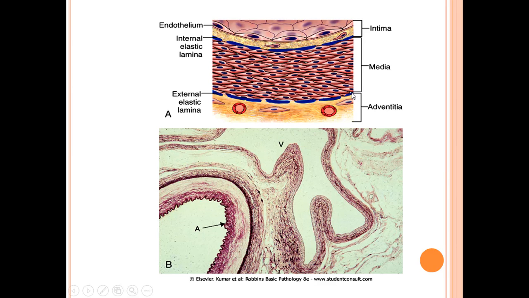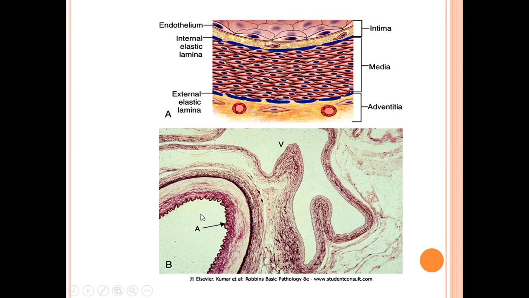It is bordered from outside by the external elastic lamina, and then we have the adventitia, where we have connective tissue, fibroblasts, and some smaller sized blood vessels that give nourishment to the blood vessel wall, and these are called vasa vasorum.